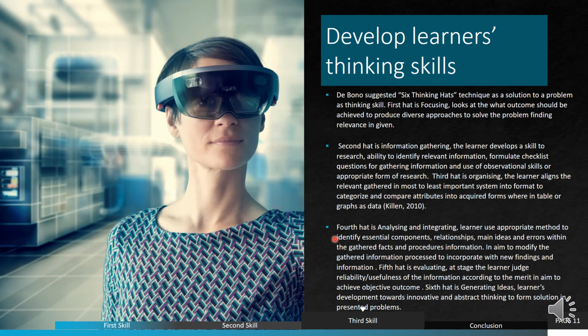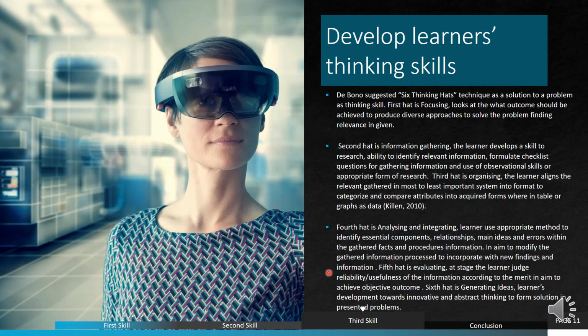The learner here uses an appropriate method to identify essential components, relationships, main ideas and errors within gathered facts and procedures, in order to modify the gathered information and incorporate it with new findings and information.